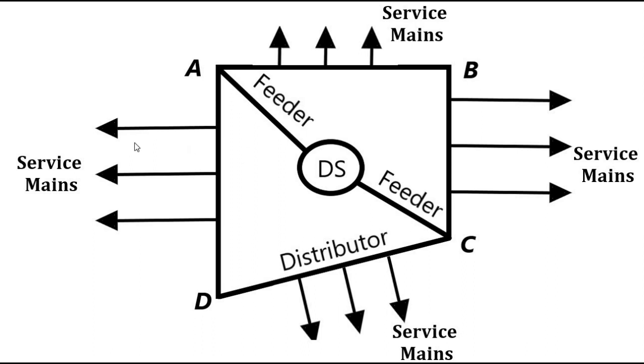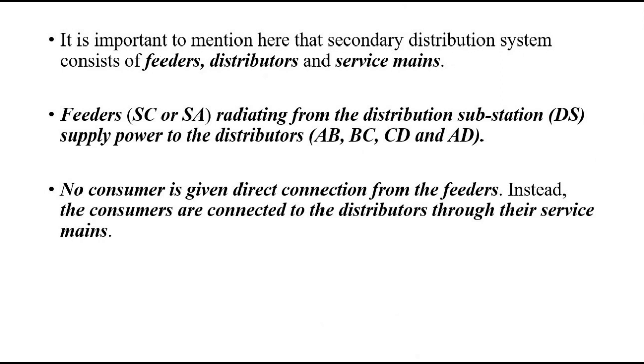So the secondary distribution system can be represented in this way. It consists of three main parts: feeders, distributors and service mains.